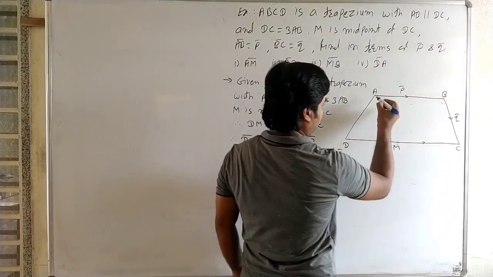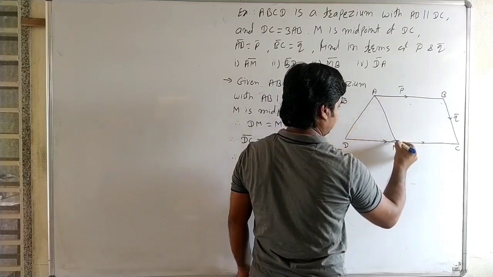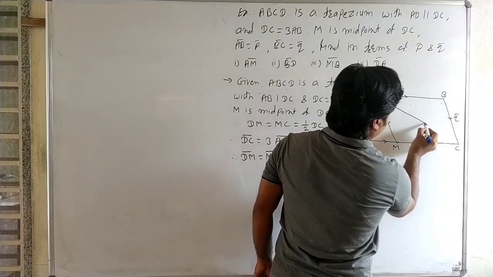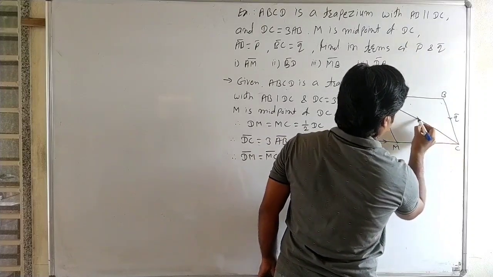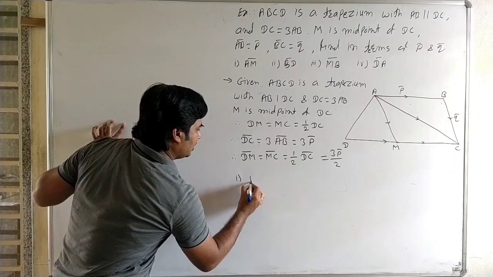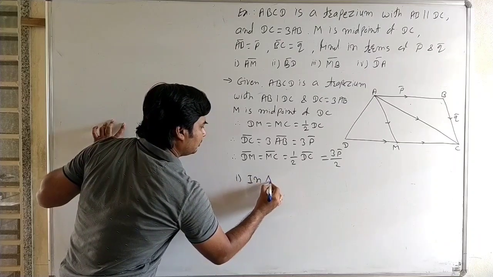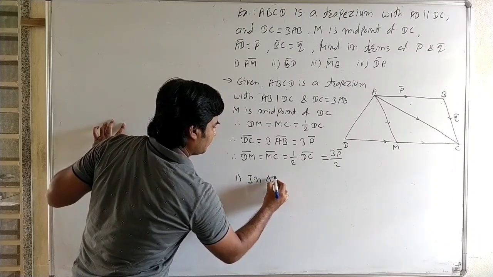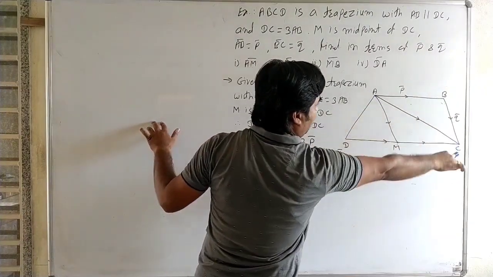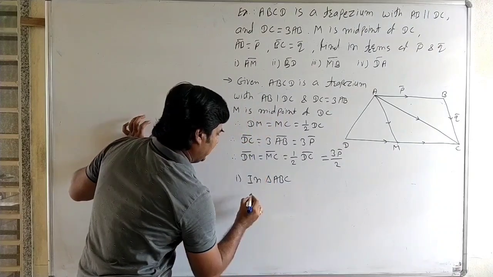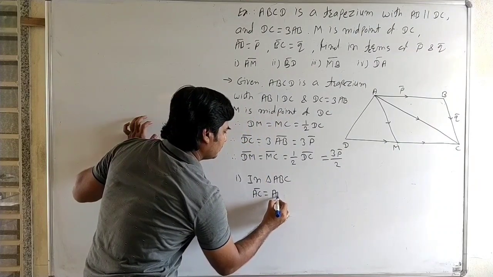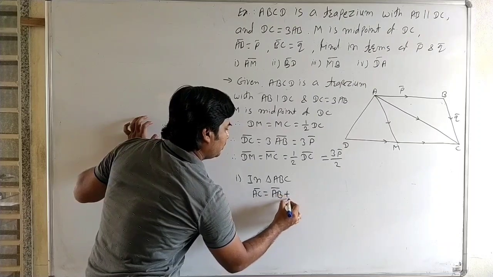Now we want to find first AM. It is a diagonal AC. First, in triangle ABC, AC is equal to AB plus BC.